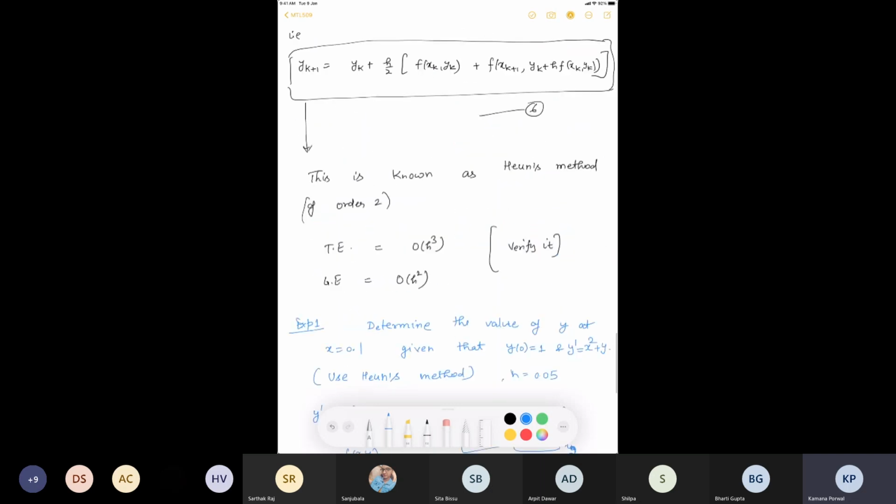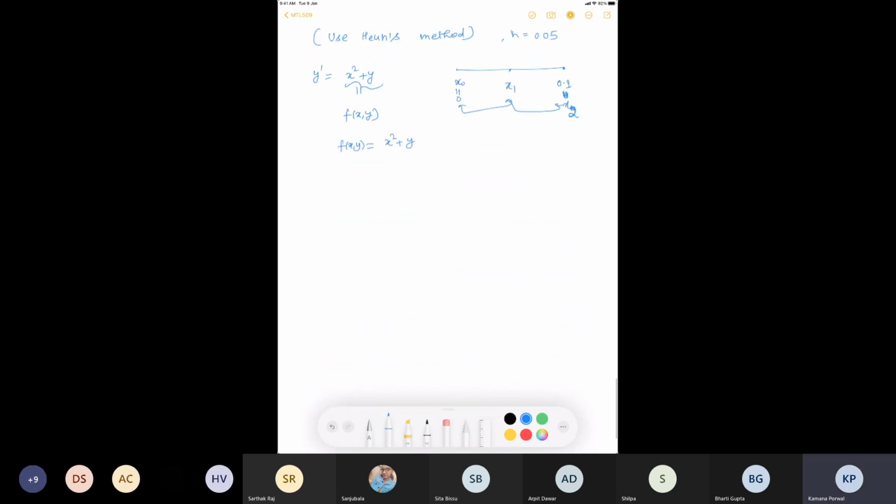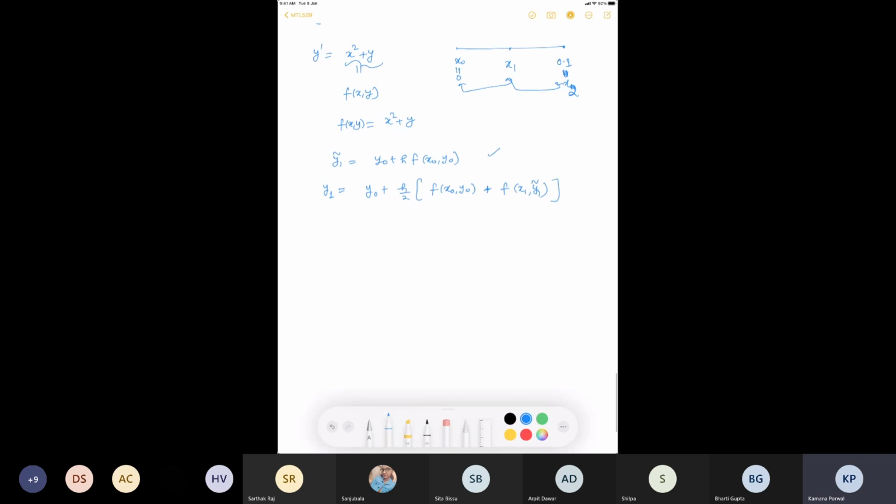Heun's method is telling that y1 is given by y0 plus h by 2 times f of x0, y0 plus f of x1, y1 tilde, where y1 tilde is y0 plus h times f of x0, y0. So this is what we have from Heun's method. First let's find this and then substitute to find y1.